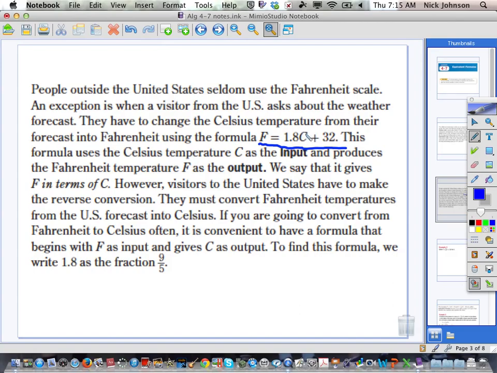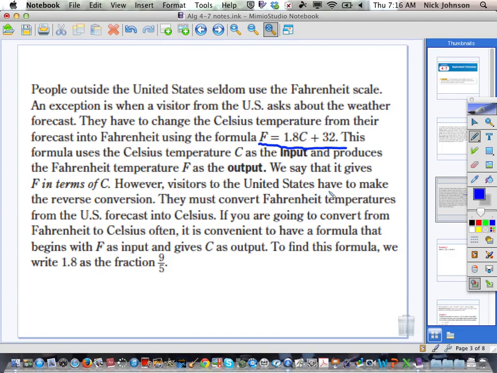So C would be our X, F would be our Y. You put in a number, C, you get out a number, F. We say that it gives F in terms of C, what you're getting out in terms of whatever you are putting in, F in terms of C.